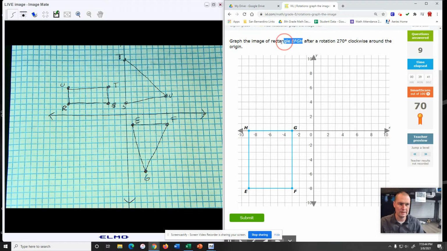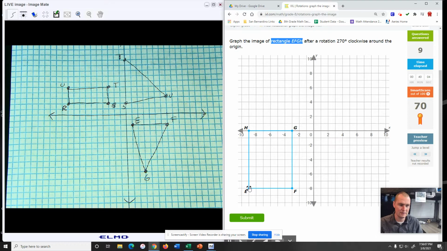Again, match the order. Rectangle EFGH. So we're going to start with E first because it's the first one in the order of the alphabet. And where is E at? E is left 9, and E is going to be down 8.